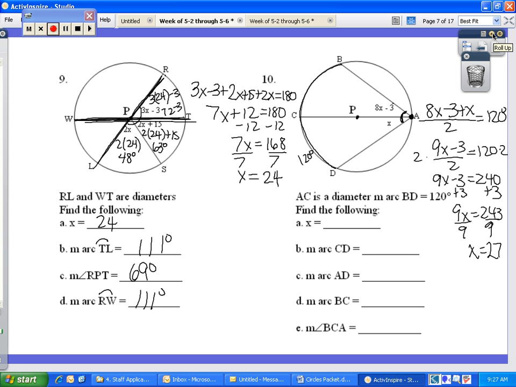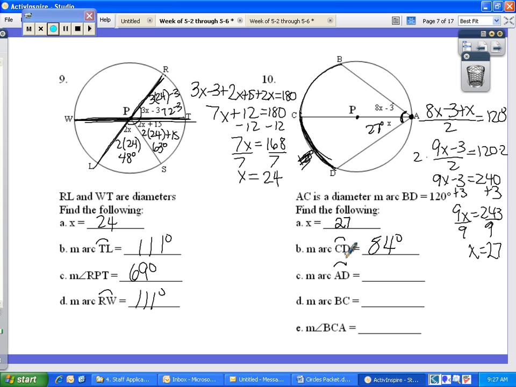Okay. So if x is 27, what's the measure of arc CD? Here's arc CD. That means you have to find x, and if x is 27, again, inscribed angle is, you have to double it to find just what this arc is right here. So 27 times 2 is 54 degrees.